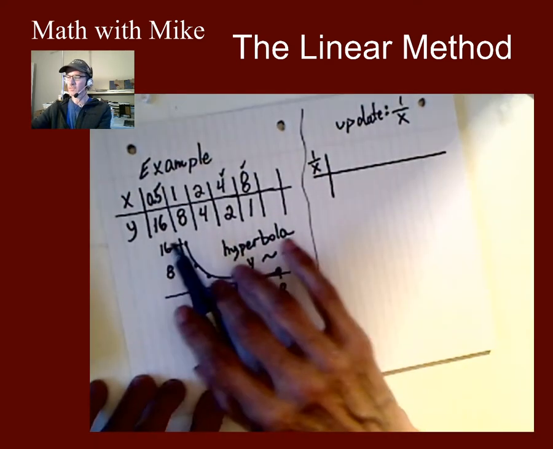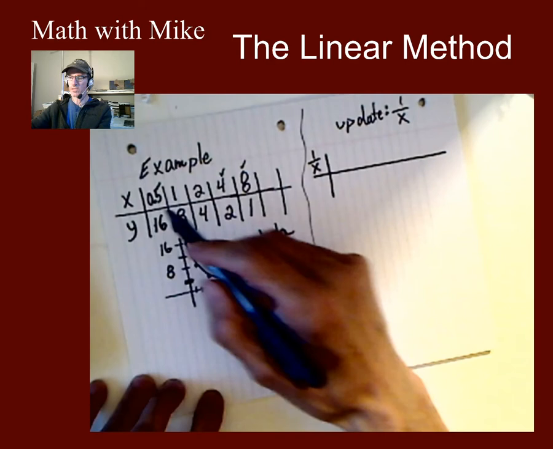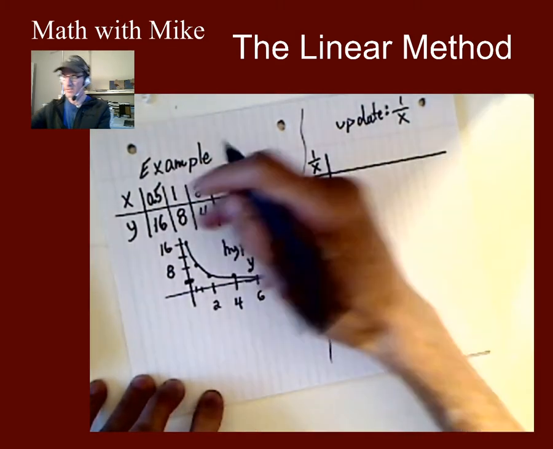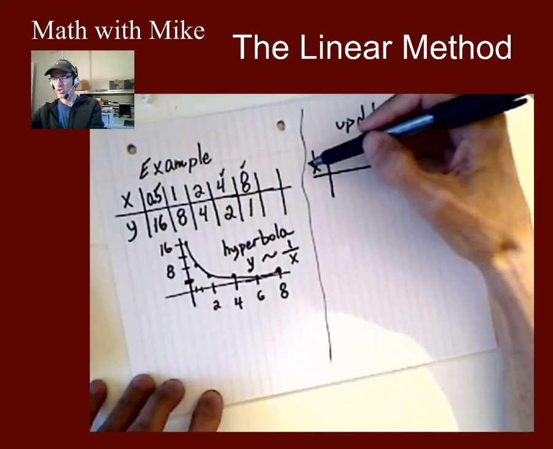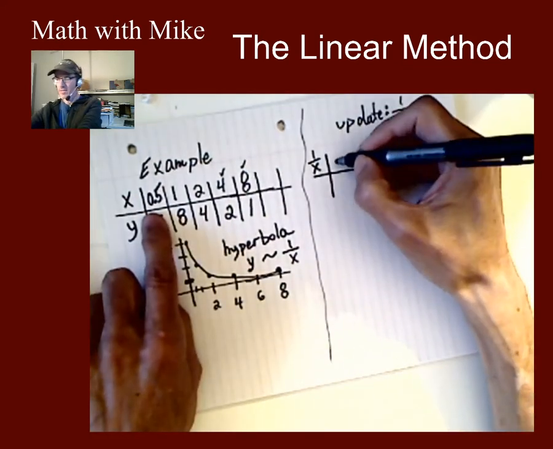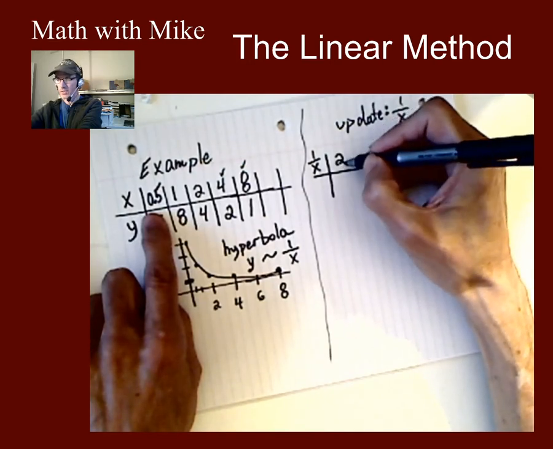So just to make sure the space works, let's do it number by x first, and we'll get it set up. So 1 over 0.5. I'm glad you all said 2, because that's what it is.